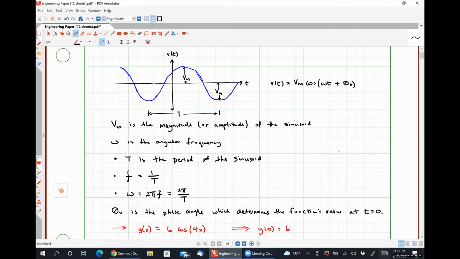Since the maximum value occurs at a later point in time, this is a cosine function with a negative phase angle, because a shift to the right corresponds to a negative phase angle. I'll explain that mathematically in just a moment. We could also express this particular waveform as a sine function that has been shifted to the left.